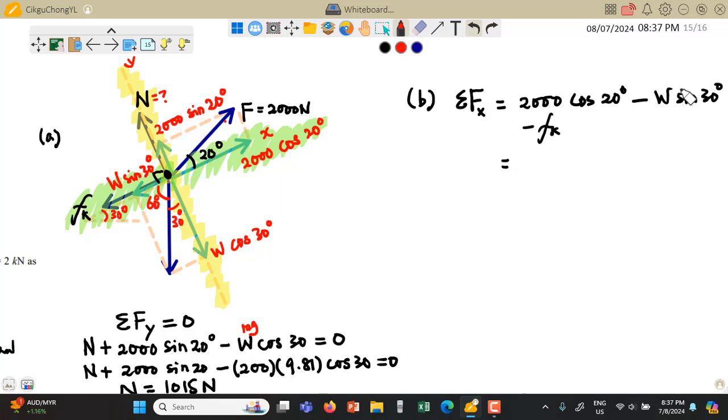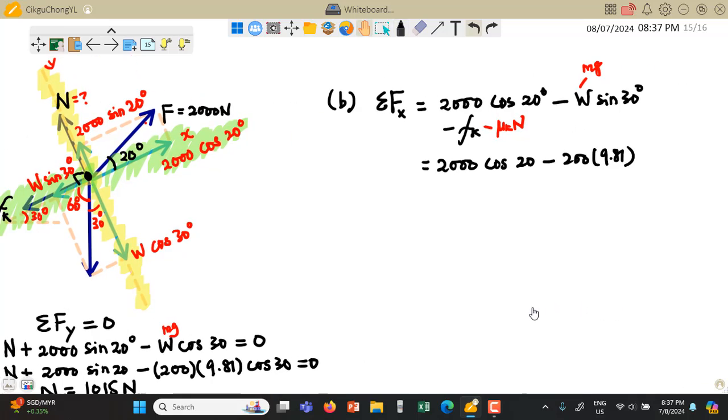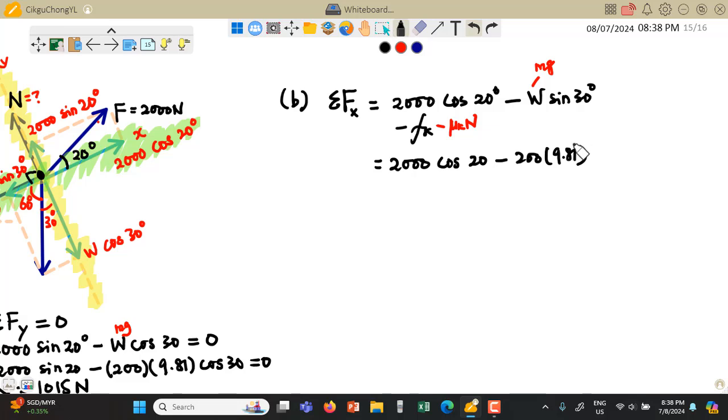Then we know that W is mg, and Fk is mu k N. So we put in the values: 2000 cos 20 minus 200 times 9.81 sin 30 minus mu k, which is 0.4, times the normal force we already calculated just now, 1015.